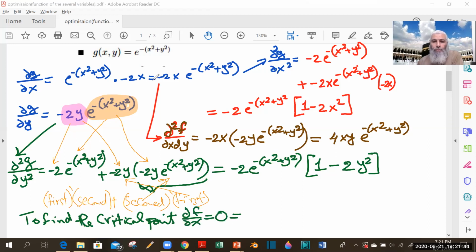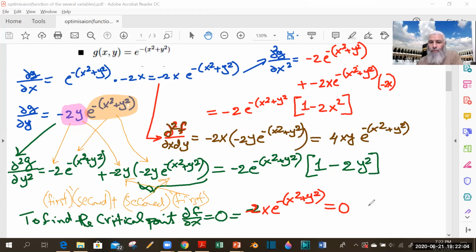So this is negative 2x e power negative x squared plus y squared equals 0.